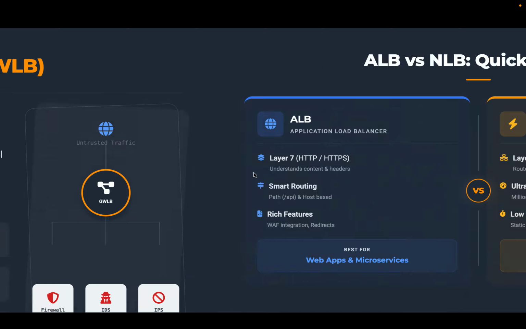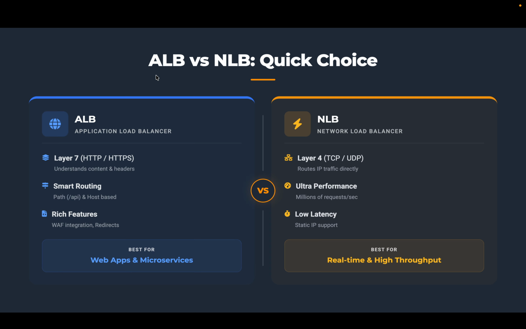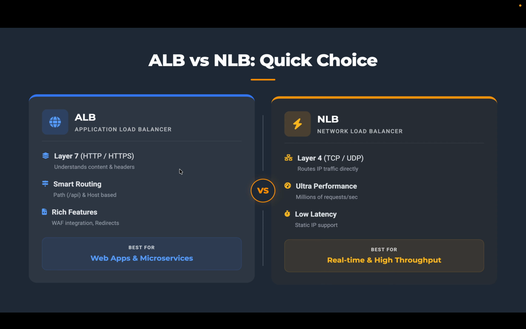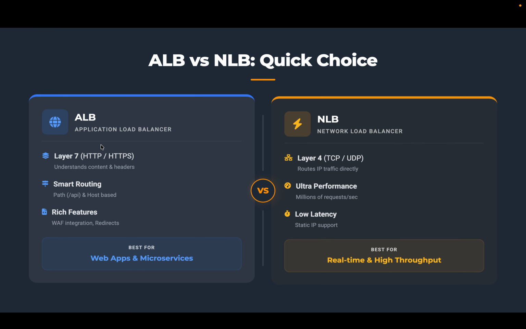Then we can see the main difference that is mostly asked in the interview: the application load balancer and network load balancer. What is the difference between these? You can say that the application load balancer works at layer 7 and the network load balancer works at layer 4.